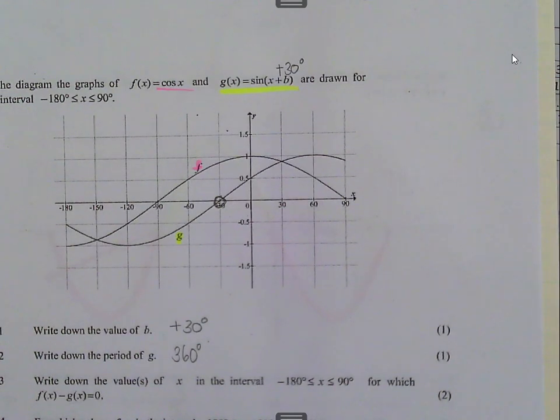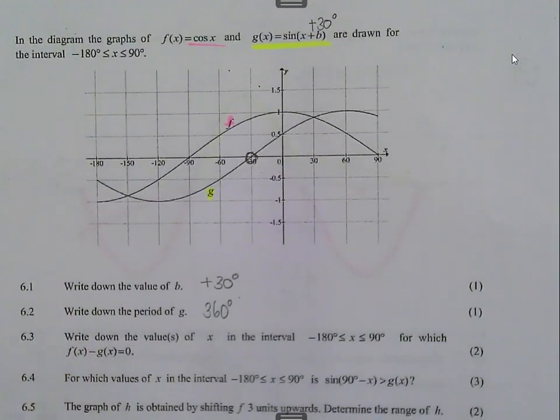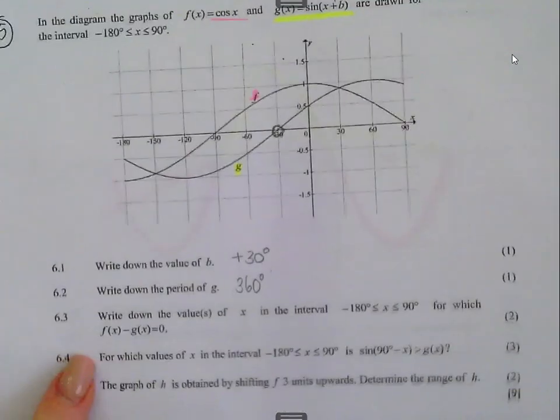Write down the value or values of x in this interval for which f of x minus g of x is equal to 0. They're actually asking something else. Is there anyone who knows what they're actually asking me? See if you can manipulate that thing.